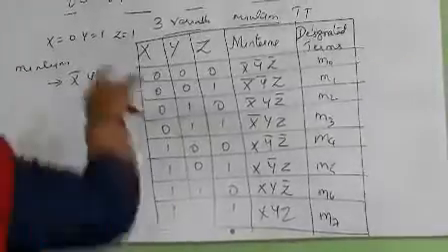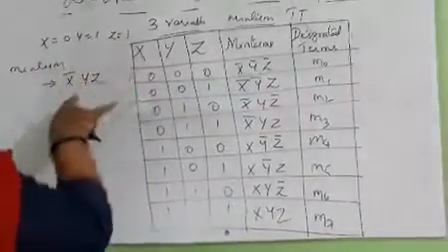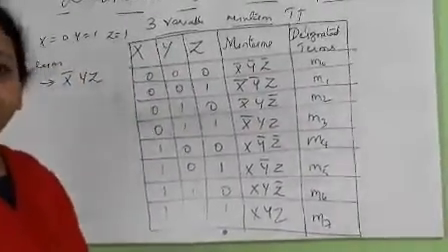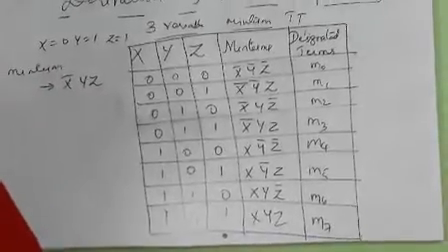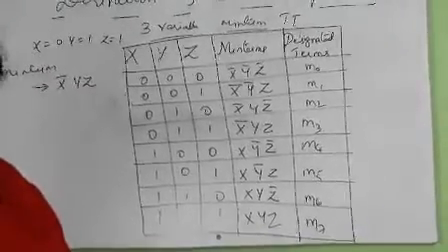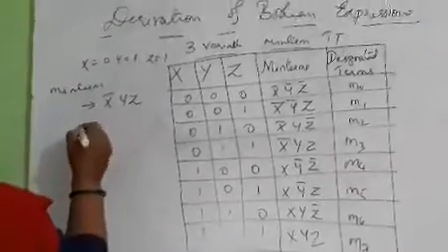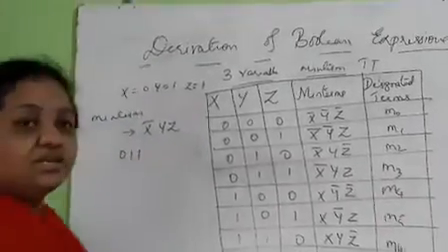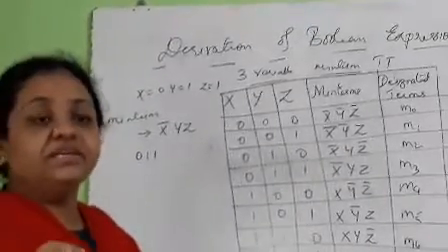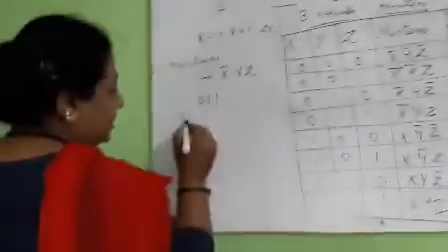Fine. Now imagine you want to find the designated term for the same minterm expression, that is 0, 1, 1. How do we get that?